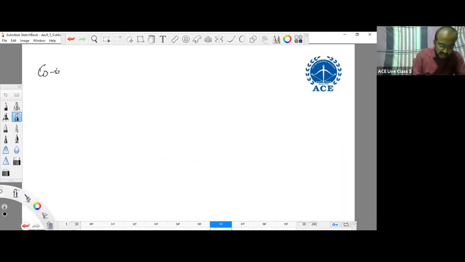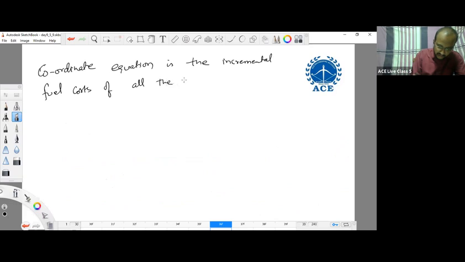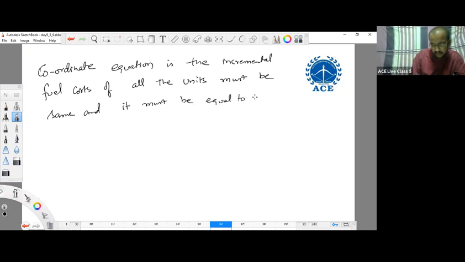The coordinate equation is: the incremental fuel cost of all the units must be same, and it must be equal to Lagrangian multiplier lambda.